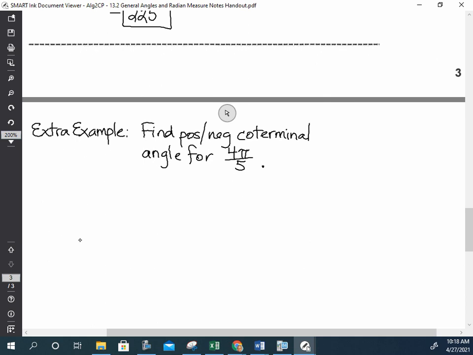So remember, coterminal means you have to add or subtract 360 degrees. But this is not degrees, this is radians.